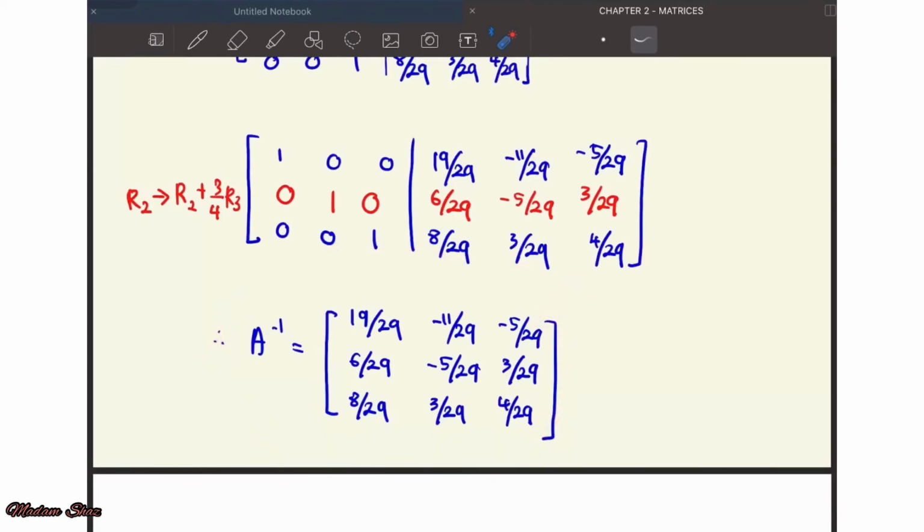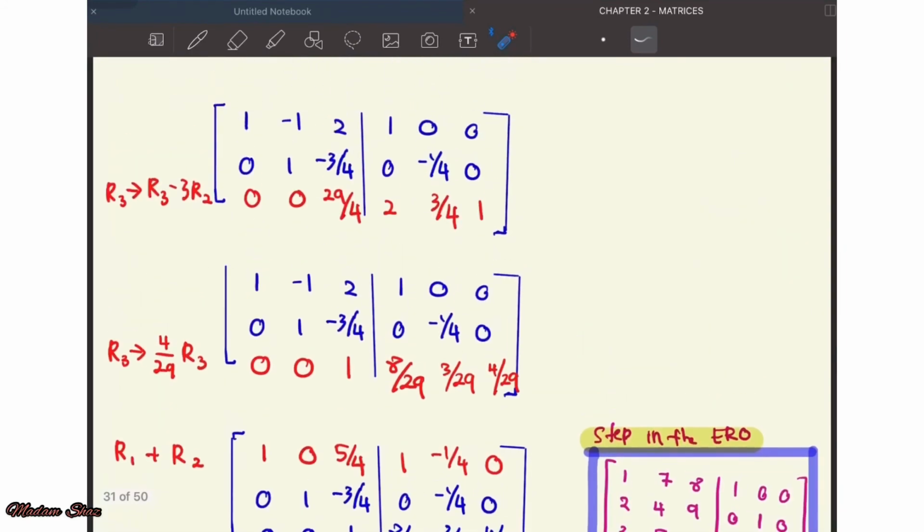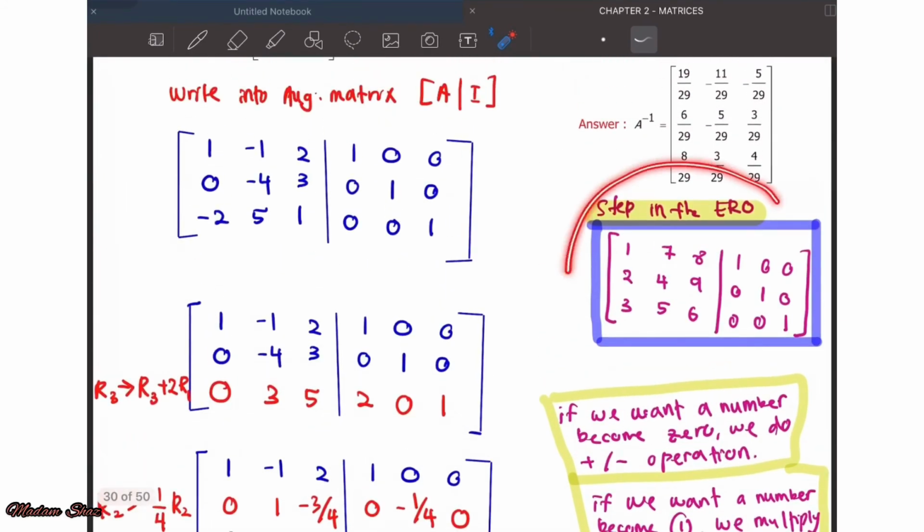I will repeat the steps involved in the ERO so you will have the guideline. In order to solve the ERO, you have 9 steps. In the first step, you have to change the position to 1. In step 9, you have to change the position to 0.